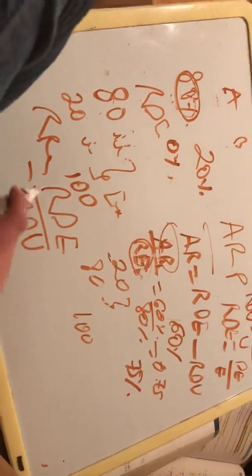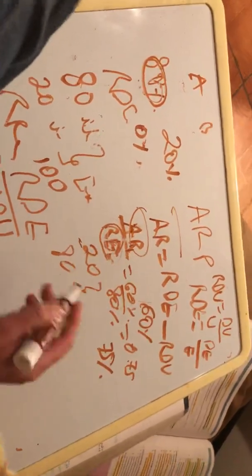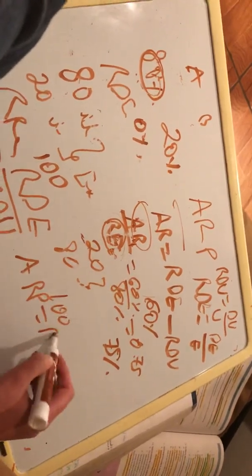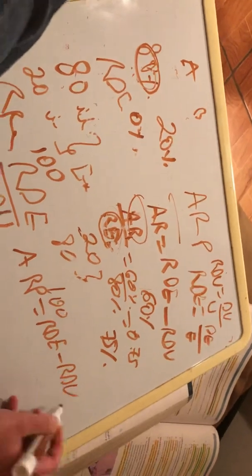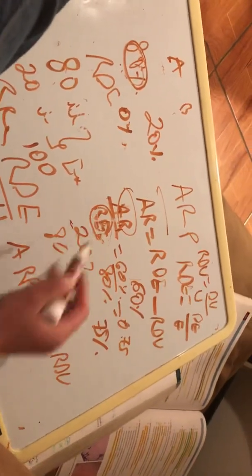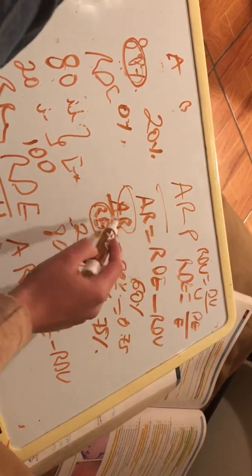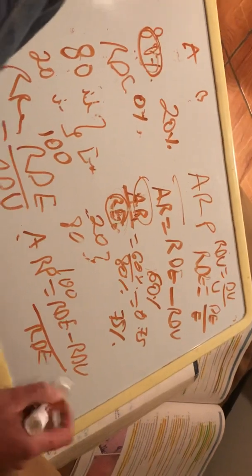This is the relative risk. So here I have that the attributable risk percent is the attributable risk, that is the rate of disease in the exposed group minus the rate of disease in the unexposed group, divided by the rate of disease in the exposed group.